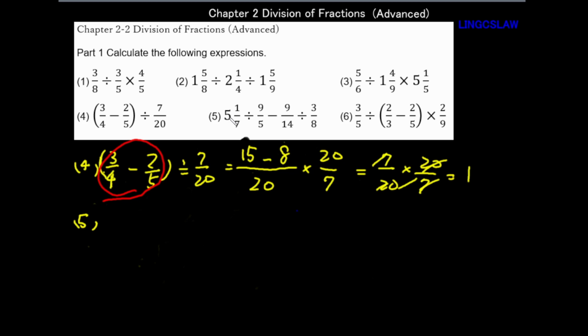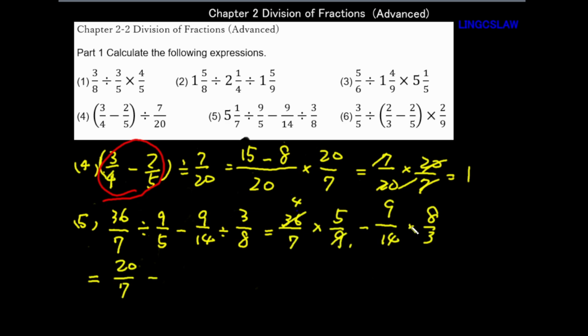5 and 1/7 equals: the denominator is 7 and the numerator is 5 times 7 plus 1, 36, divided by 9 over 5 minus 9 over 14 divided by 3 over 8 equals. Now let's switch the denominator and the numerator, times 5 over 9.